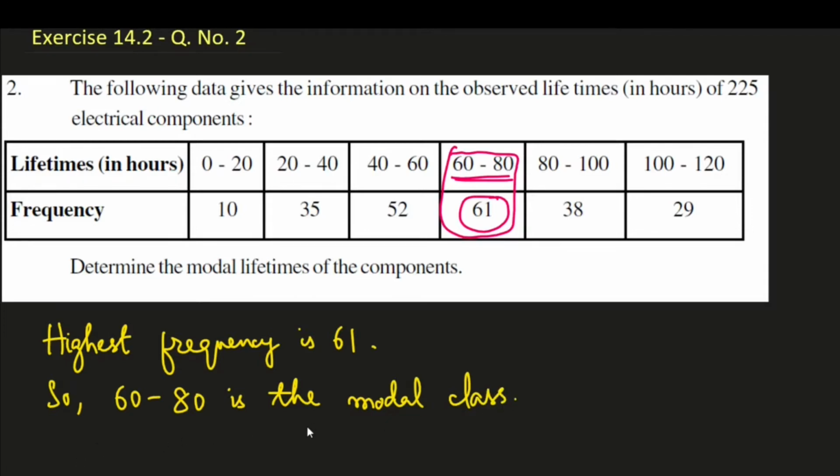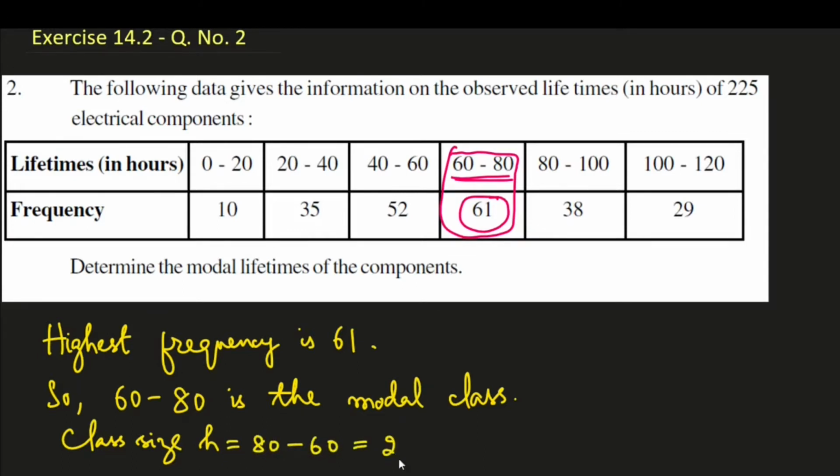From this, we can find lower boundary of the modal class, frequency of the modal class, the frequency of class interval preceding the modal class, the frequency of class interval succeeding the modal class. All these values we can find. We can find the class size h. Now let us write class size h is equal to 80 minus 60.